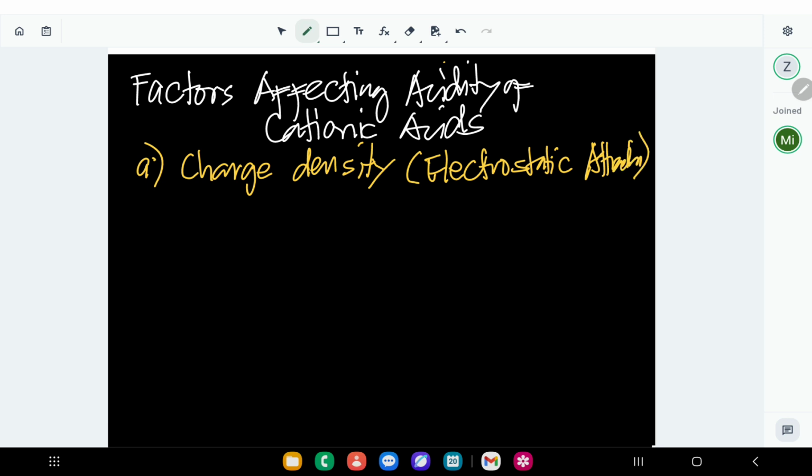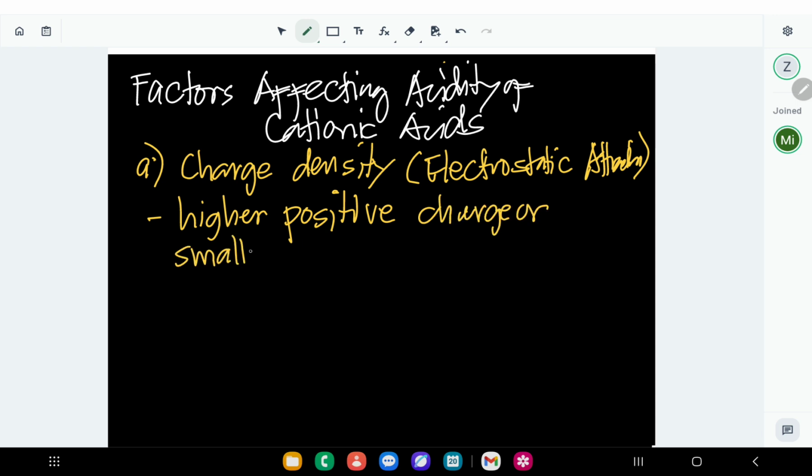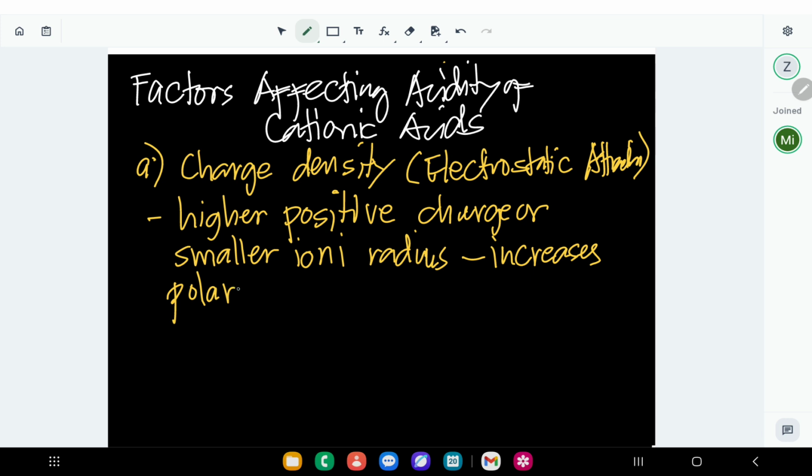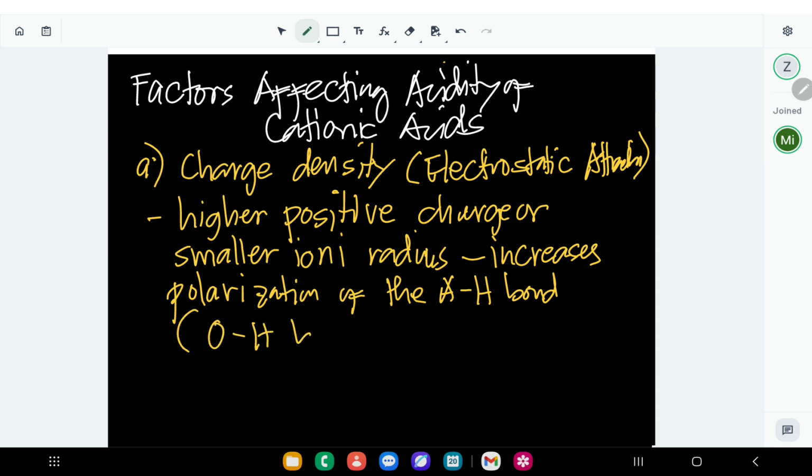A higher positive charge or smaller ionic radius increases polarization of the acid hydrogen bond, or the oxygen-hydrogen bond in hydrated ions.